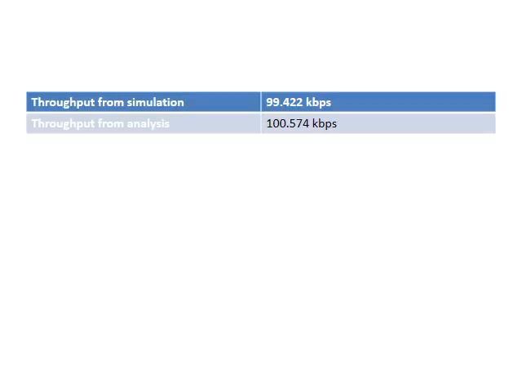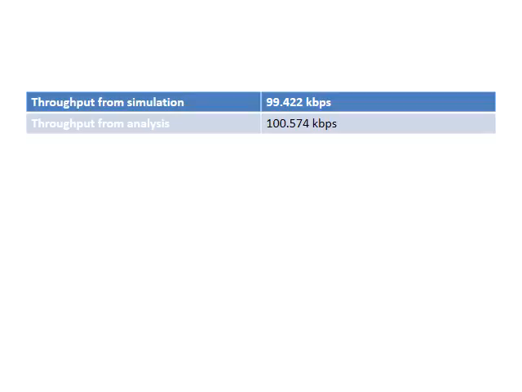Now let us discuss the output which resulted from the simulation. As we ran the simulation, we got the throughput for 100 seconds to be 99.422 kilobits per second, whereas the theoretical value of the throughput from the analysis done until now is 100.574 kilobits per second.